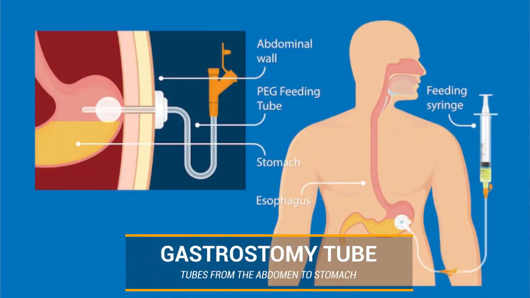Some tubes are actually placed without going through the nose, especially in patients who have a blockage of the airway or the food pipe, and therefore you can't pass a feeding tube through the nose. So you have to do a small surgical procedure through the abdomen and put that tube directly into the stomach. It is called a gastrostomy tube or feeding gastrostomy tube. Or you place it into the intestines.